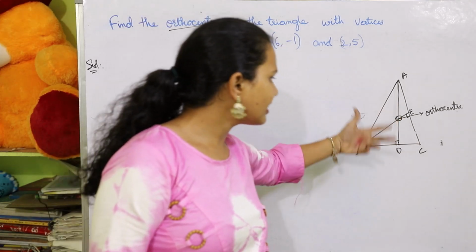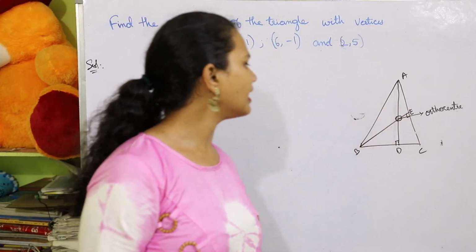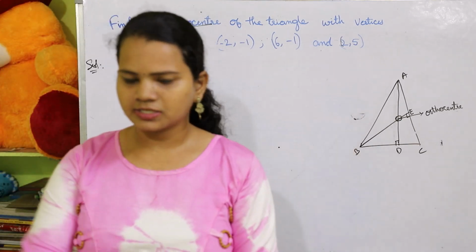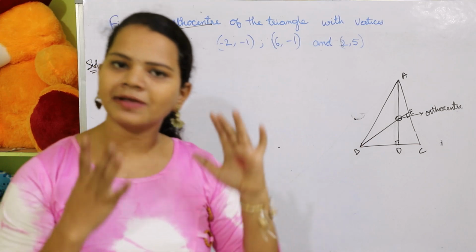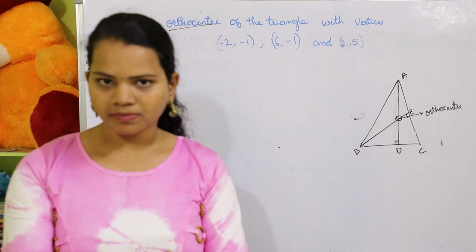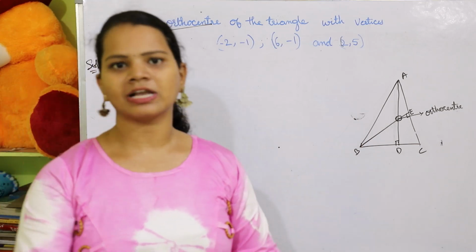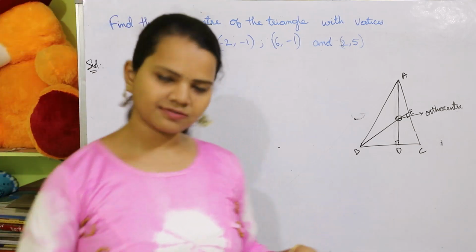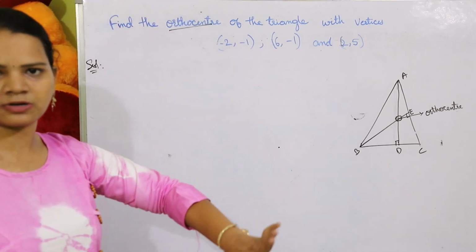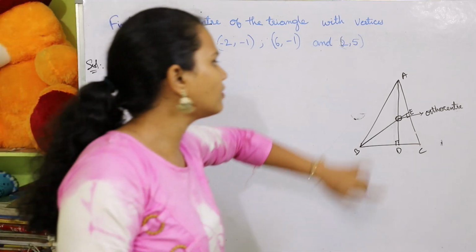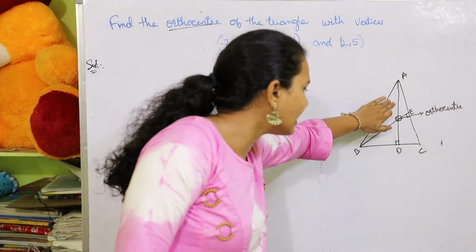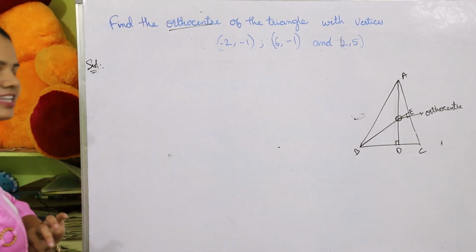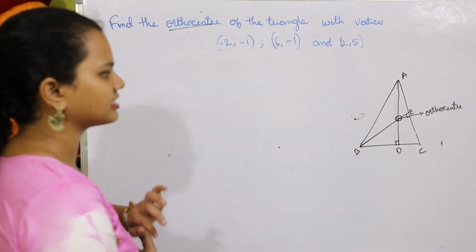After getting the AD equation and the BE equation, we solve both equations and we will get one value, like x or y. Then we substitute that value in the first or second equation, and we know this process. But the very first step is to find the equation for AD and the equation for BE.